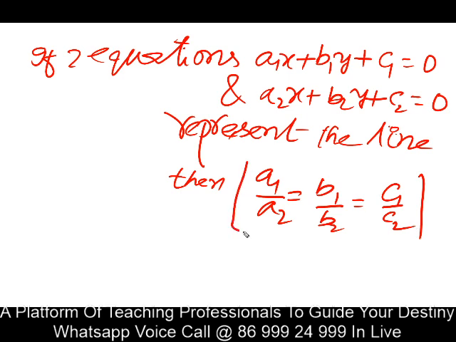A1 by A2 is equal to B1 by B2 is equal to C1 by C2, then they represent the same line.